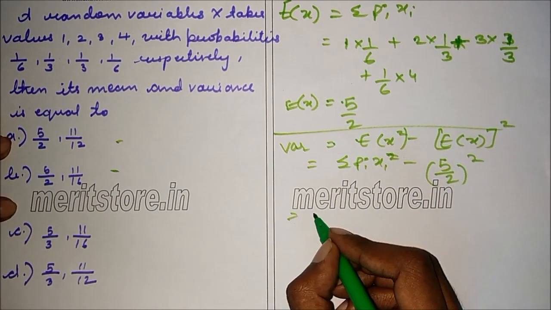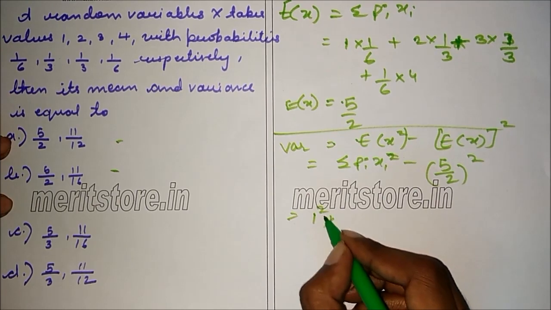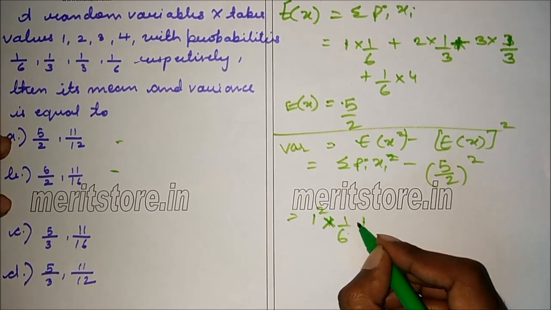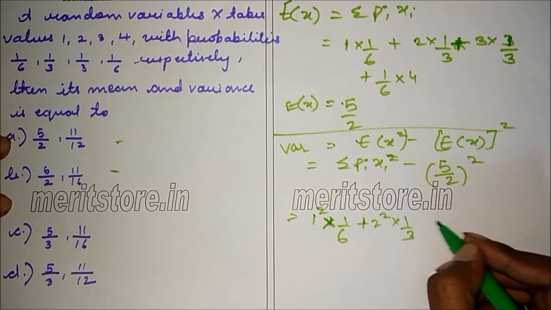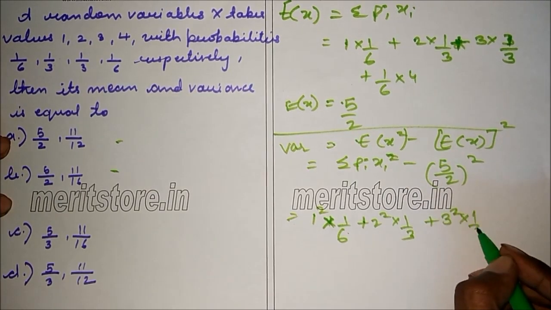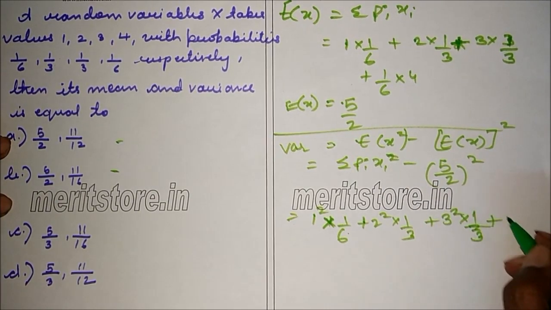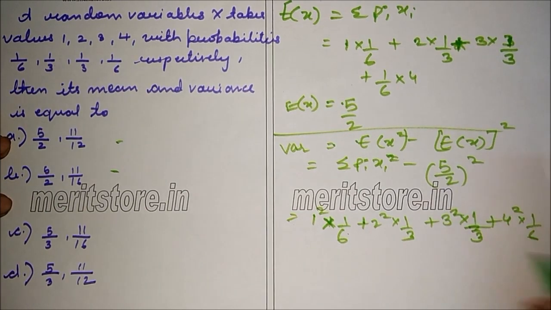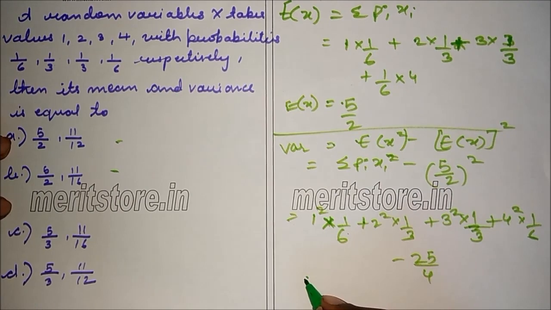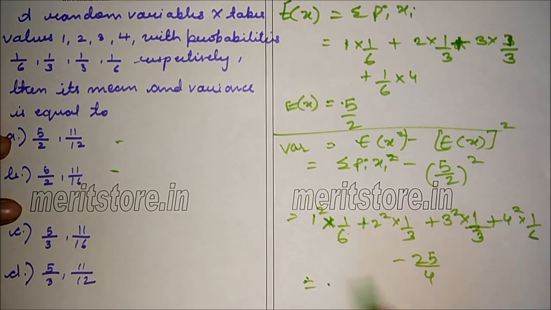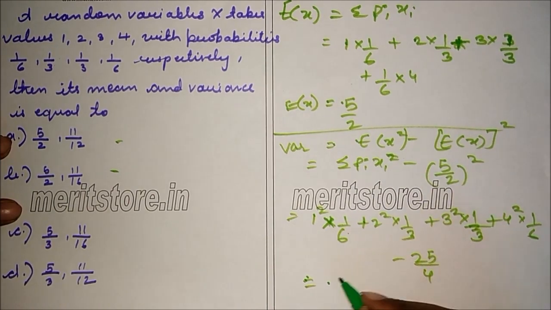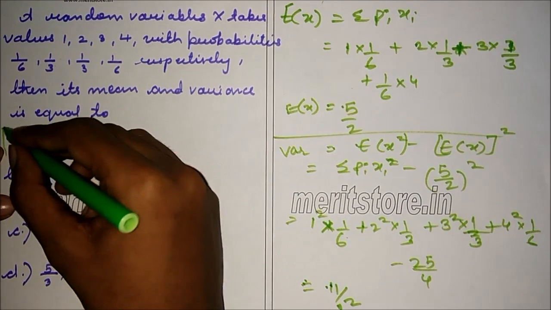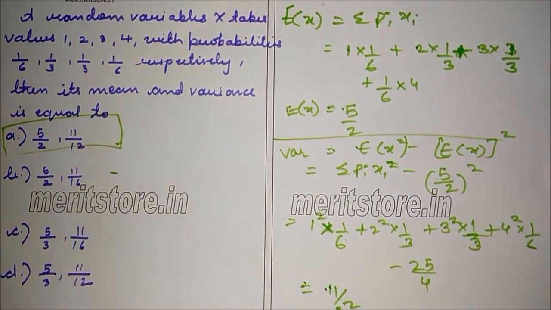So pi xi square is 1 square into 1 by 6 plus 2 square into 1 by 3 plus 3 square into 1 by 3 plus 4 square into 1 by 6 minus 25 by 4. So this is equal to 11 by 12. So the answer is A, 5 by 2 and 11 by 12.